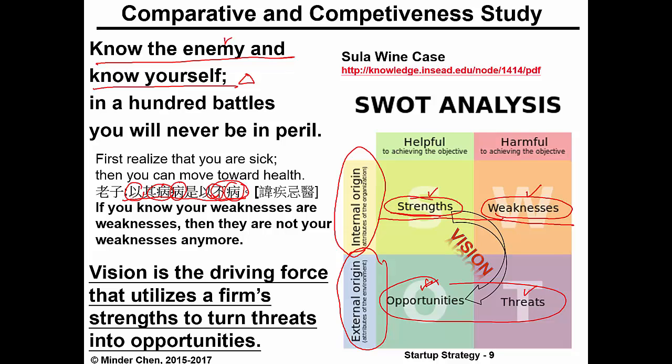So if you can identify your own weakness, then you know how to fix it. Therefore, your weakness may not be your weakness again. That's the essence of what Lao Tzu was saying.